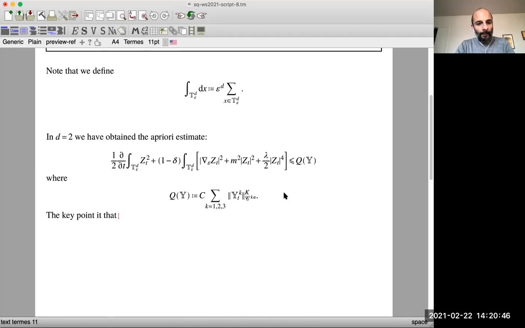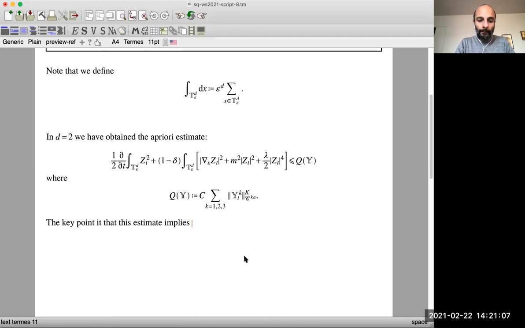from this estimate, so this estimate implies, let's see how we can use this estimate. We can use it in many ways. I already told you that there is a way to get stationary solutions for that.